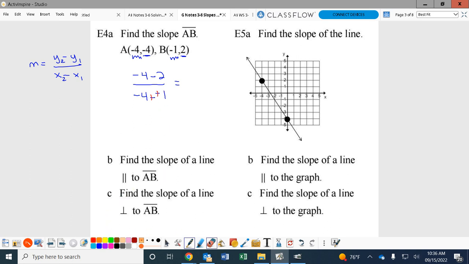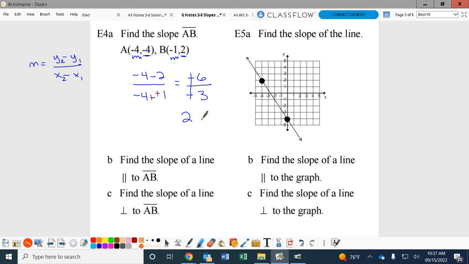If you have a calculator, it will do this for you, so use it. Negative 4 minus 2 would put you at what? Negative 6. For the next one, negative 4 plus 1 would put you at what? Negative 3. Guys, use your calculator. That's what it's there for. A negative divided by a negative is a positive. And guys, what's 6 divided by 3? 2. That is my slope.